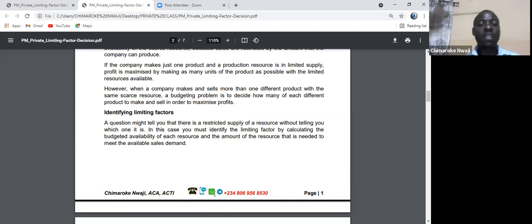So you see, these are restricted resources. But the question did not tell you which one of them is the scarce resource. So how do you set about identifying which one of them is the scarce resource?